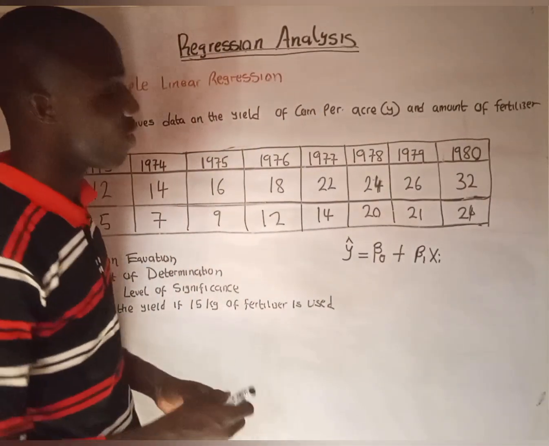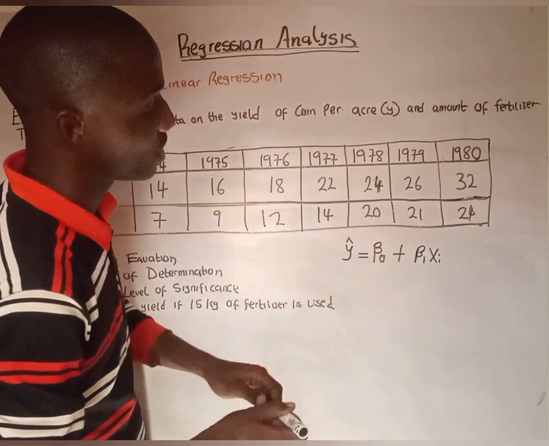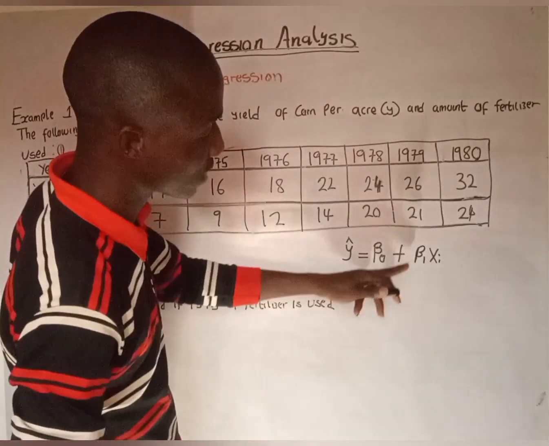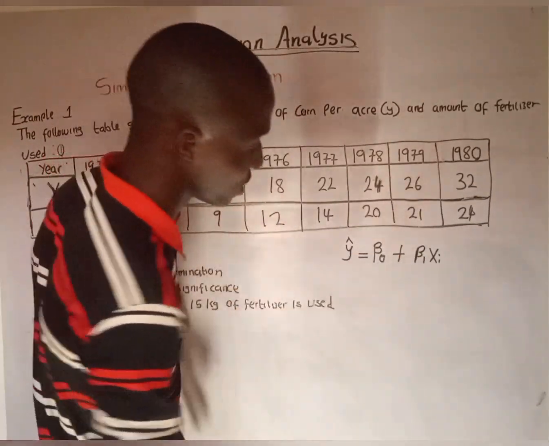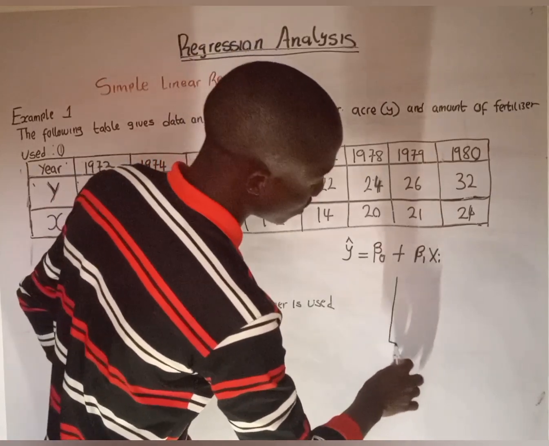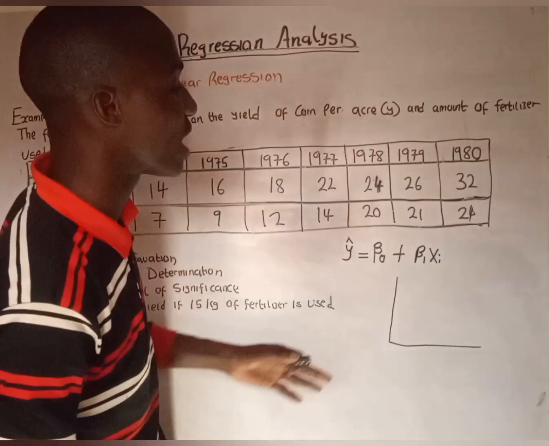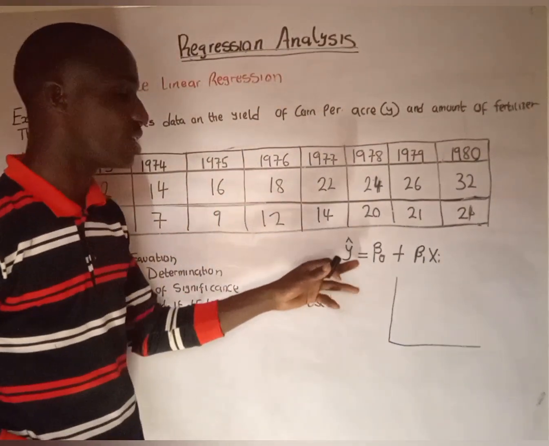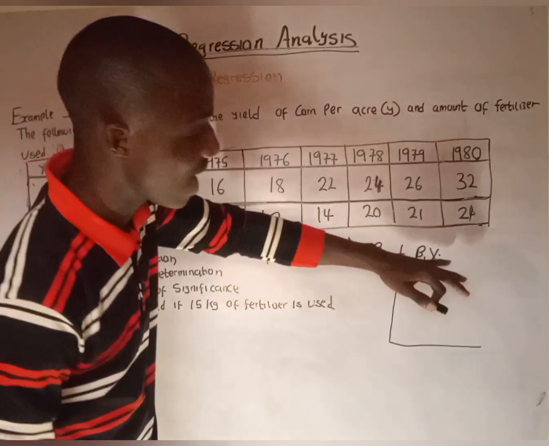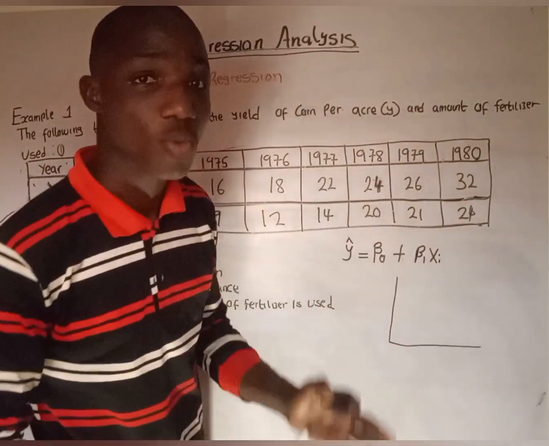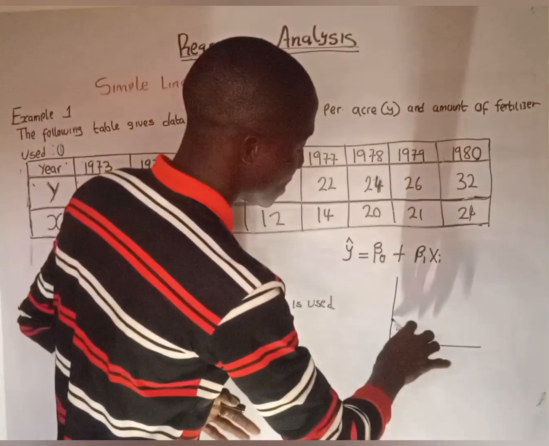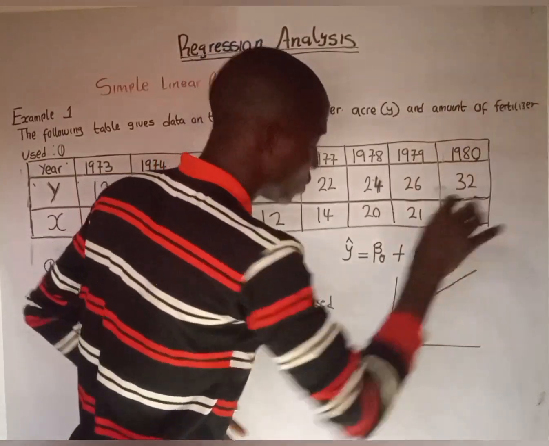Let's assume that our slope is positive. The slope will tell us how the regression line will look, and the relationship between the predicted value of y and x. So if our slope is positive, we are going to have a regression line that slopes upward.